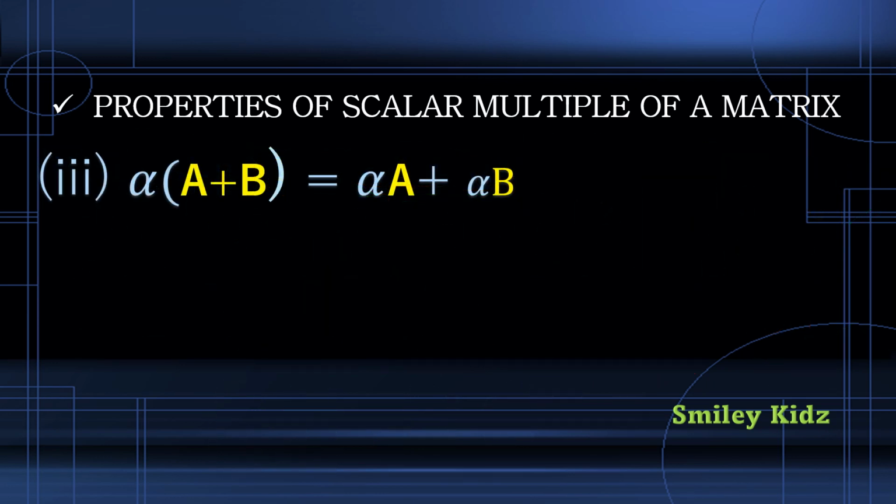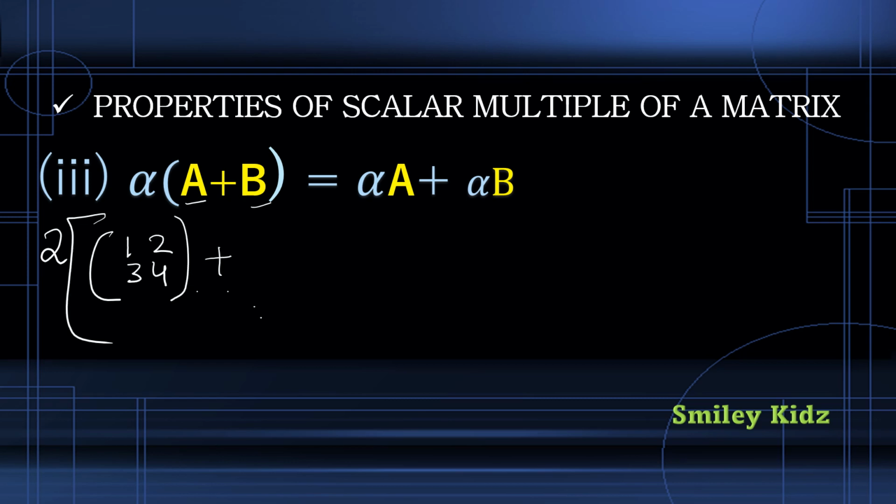Then we have alpha into A plus B is equal to alpha A plus alpha B. Here A and B are two different matrices. Firstly, let's say alpha is 2. Then I'm going to put two matrices in brackets: 1, 2, 3, 4, let's say, and 5, 6, 7, 8.